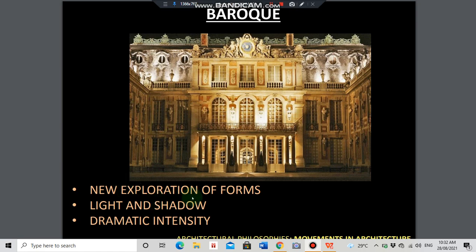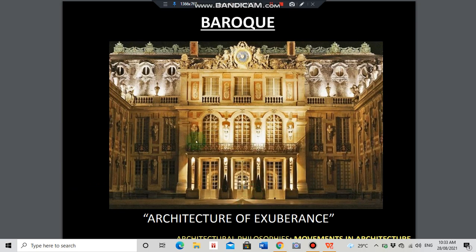New exploration of forms, Baroque architecture. The light and shadow, the dramatic intensity. So we call this architecture of exuberance.